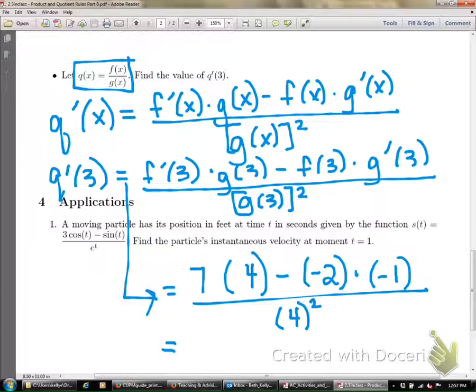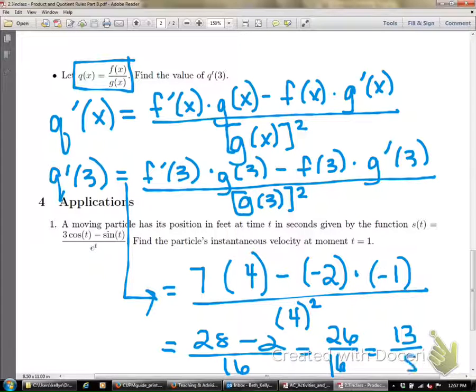So I get 28 minus 2 over 16, which is 26 over 16, or 13/8.